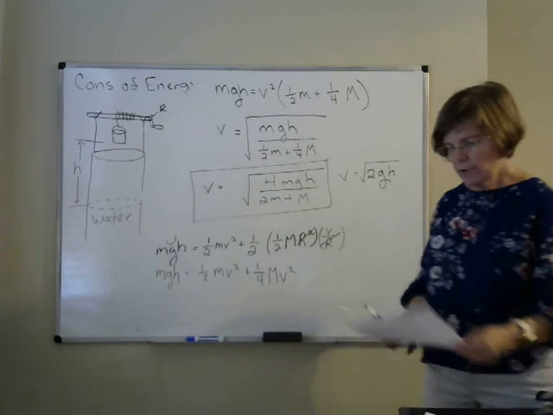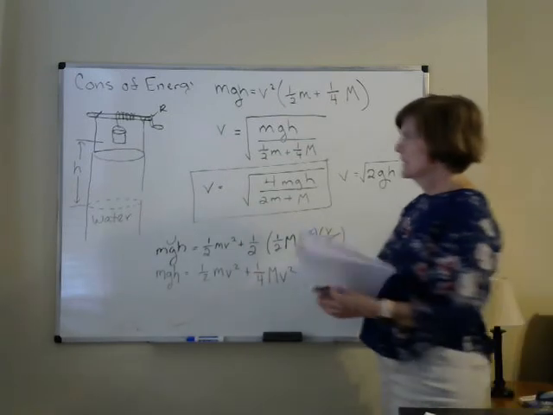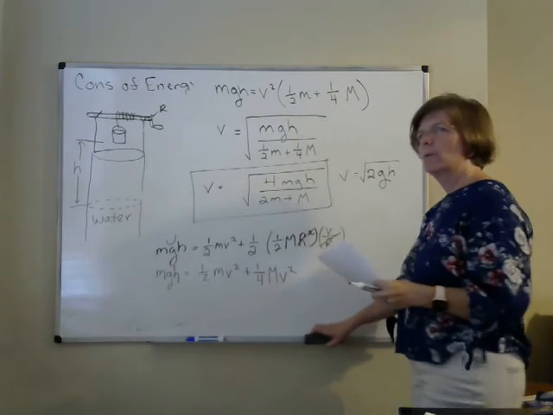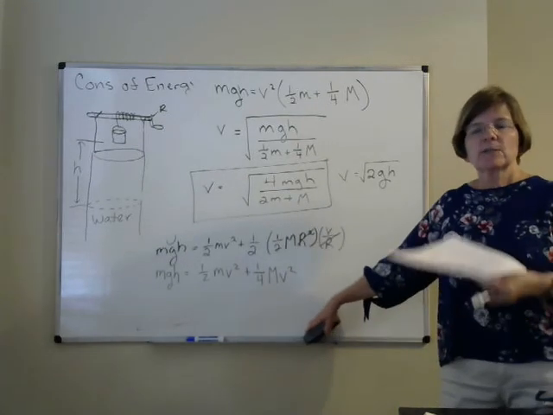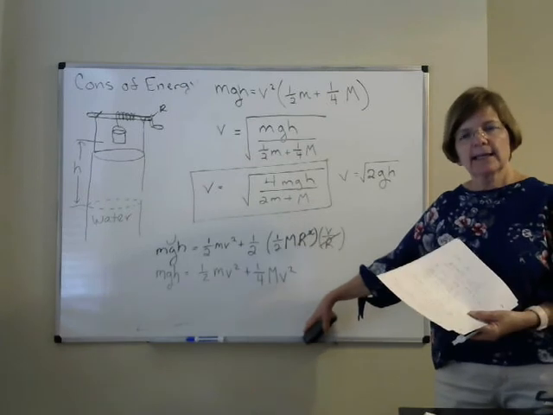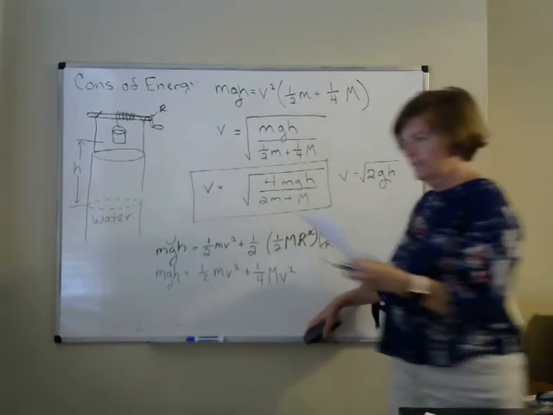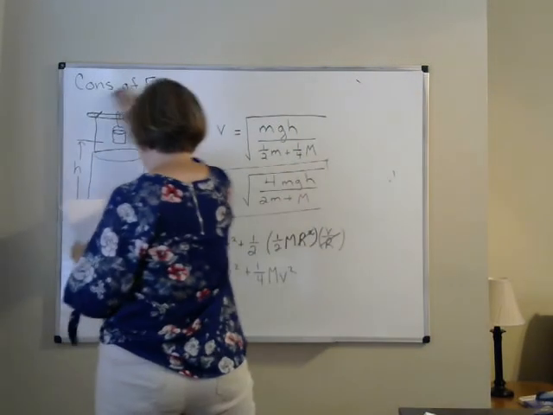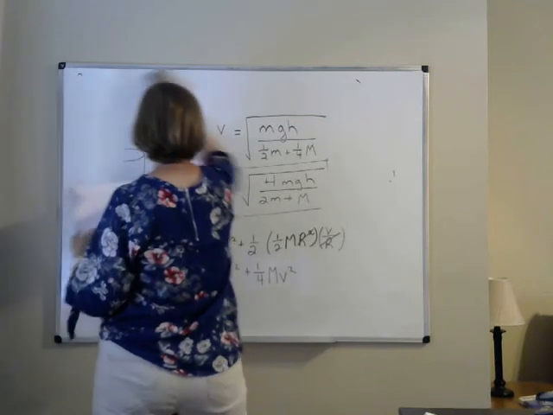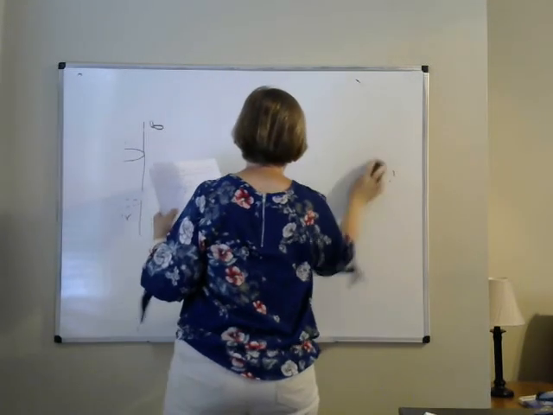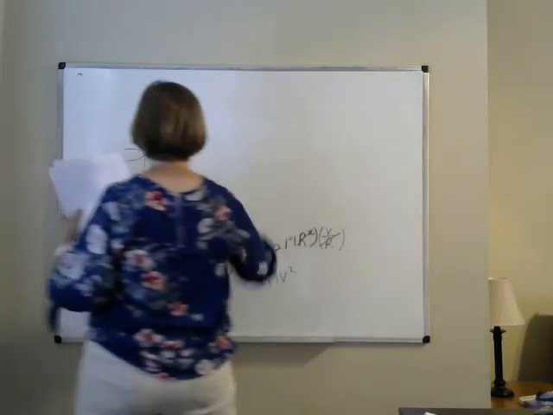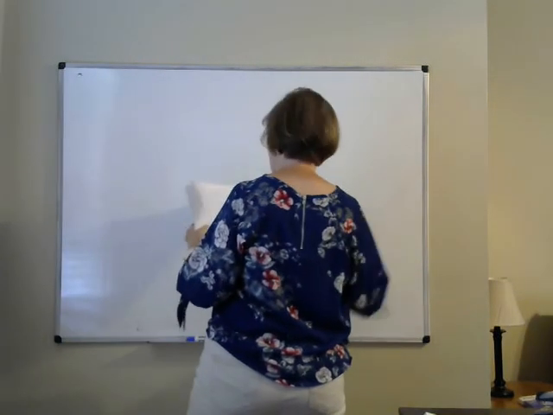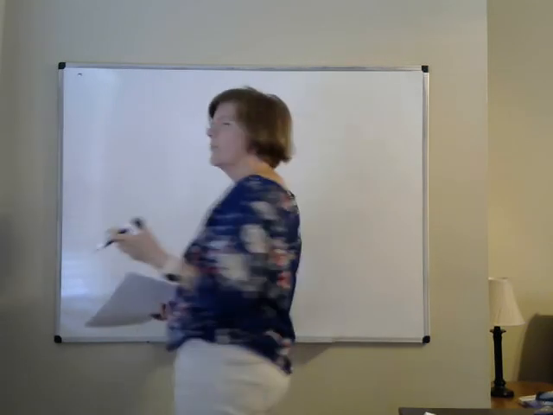Okay, we have one more type of problem we want to look at. And that's a problem where we have to consider both what happens when an object is rotating and translating at the same time. This is section 9.5 in your book.